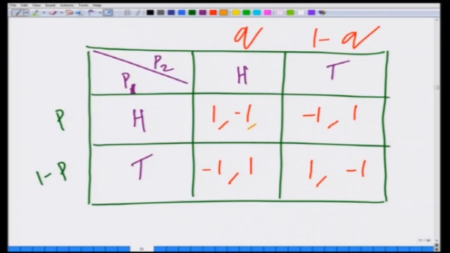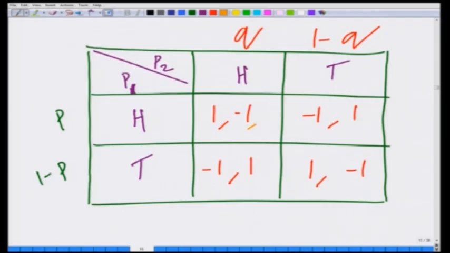Now if player 1 chooses H, with probability q he encounters player 2 playing H, in which case he gets 1. With probability 1 minus q, he encounters player 2 playing tails, in which case he gets minus 1.